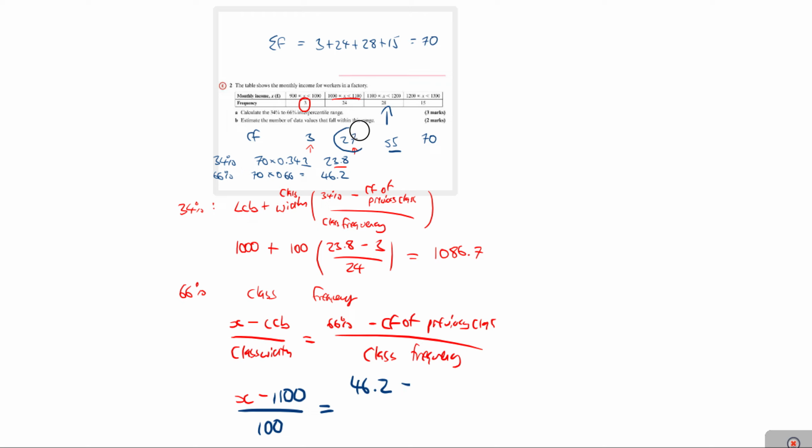In this case it's going to be this value, 27, divided through by the class frequency, which in the question is 28.